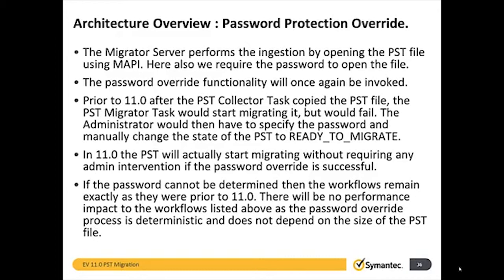The administrator would then have to specify the password and manually change the state of the PST back to ready to migrate. In EV11 though, the PST will actually start migrating without requiring any admin intervention if the password override is successful. If the password cannot be determined, then the workflows remain exactly as they were prior to EV11.